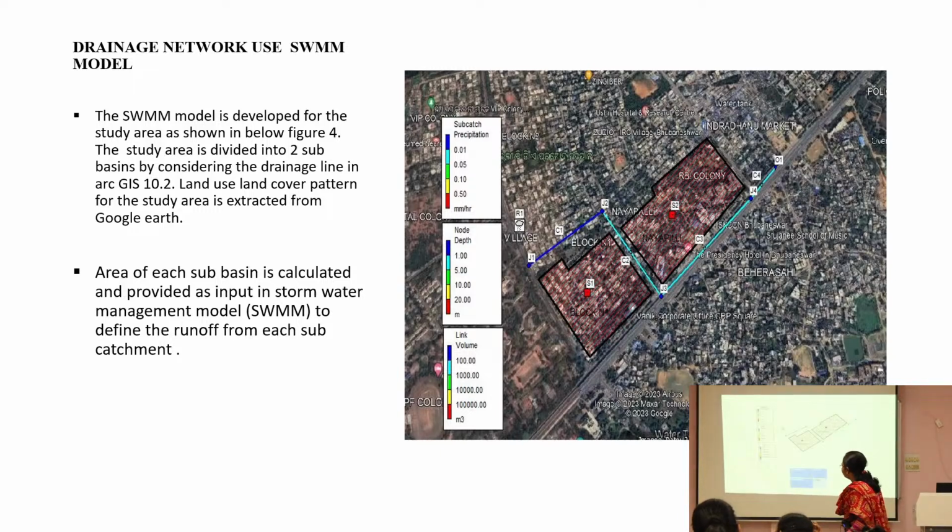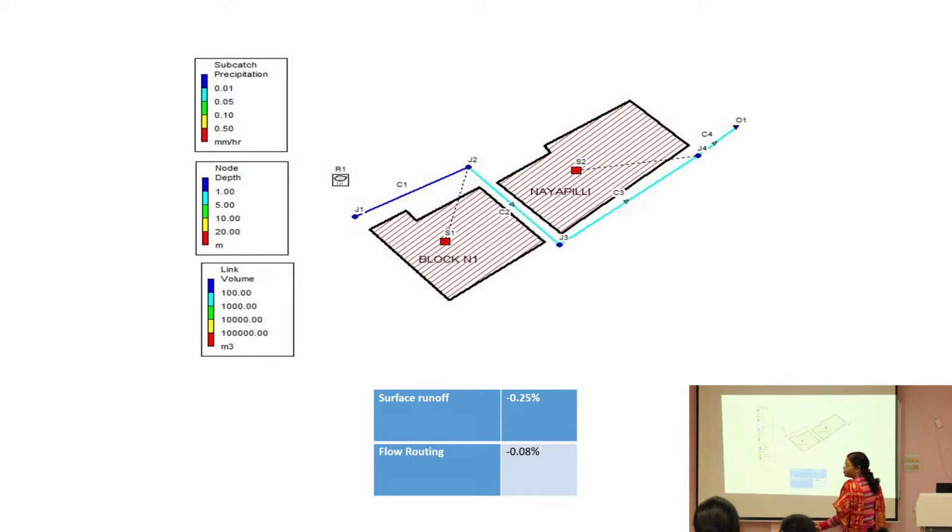You take Google Earth and choose the location, and there you see the drain normally parallel to the street. Like this you will draw the network. Now you give the input as your flow accumulation.